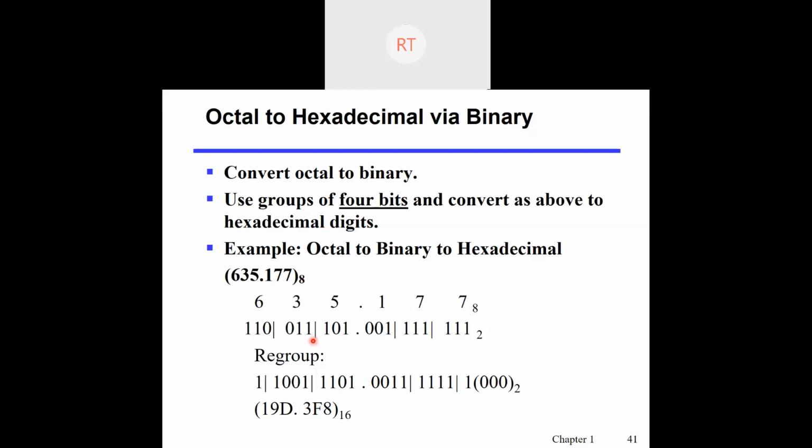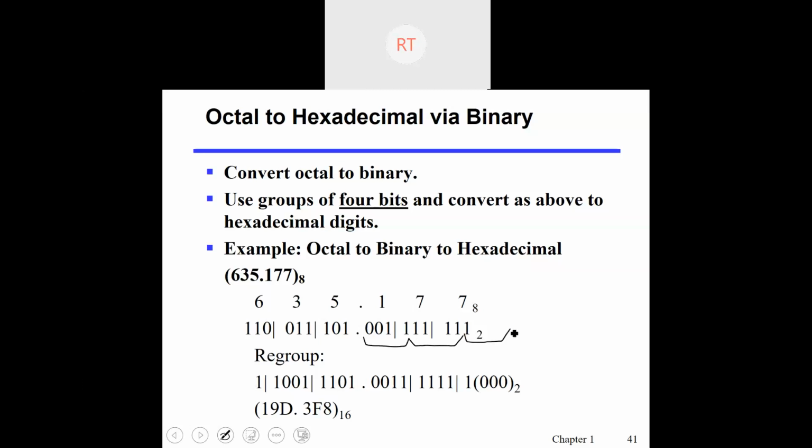The question now, you want to convert to hexadecimal. In hexadecimal, how many digits do I take? It's going to be 4 digits. You have to be careful here that if you don't start from the dot, you will get a wrong answer. So be careful. I start from the dot, I take 4 digits, another 4 digits, and then 4 digits.